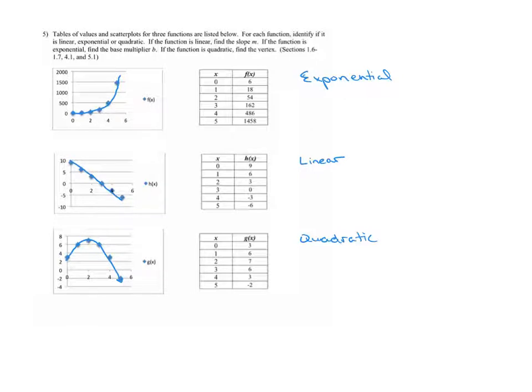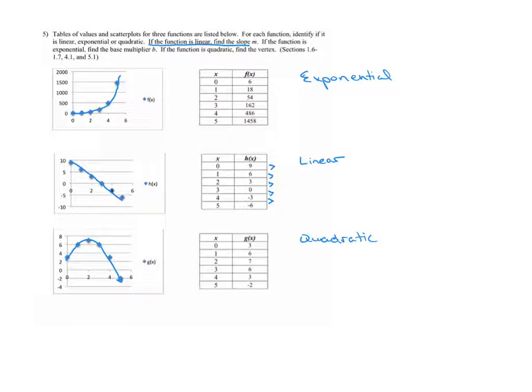Okay, the next thing we want to do, if the function is linear, is find the slope. To find the slope, we're going to look at the table, and figure out what rate it is increasing or decreasing as we go down the table.